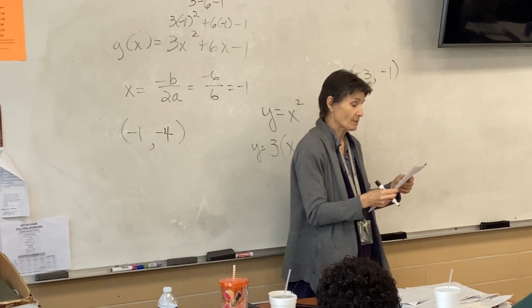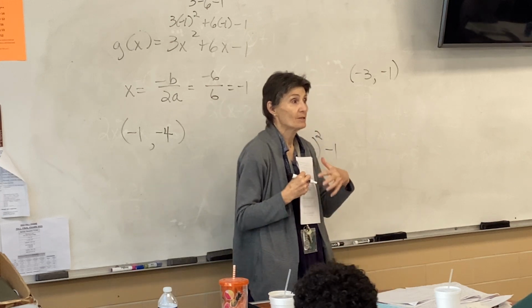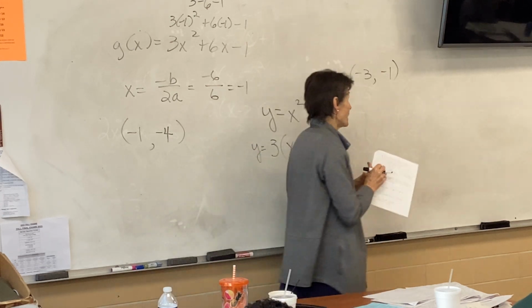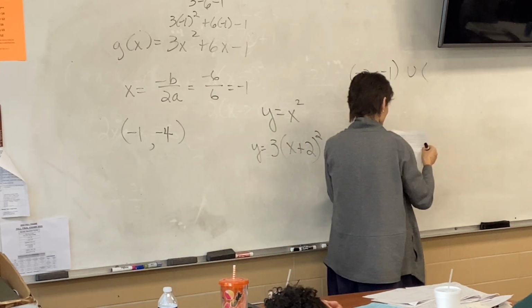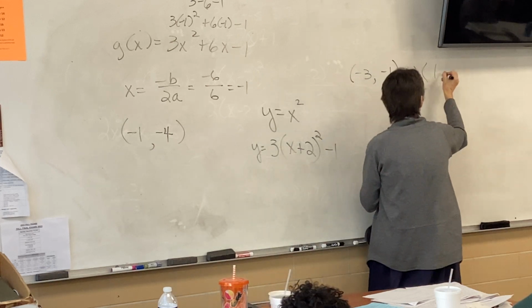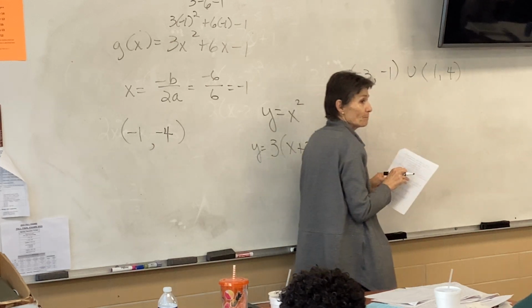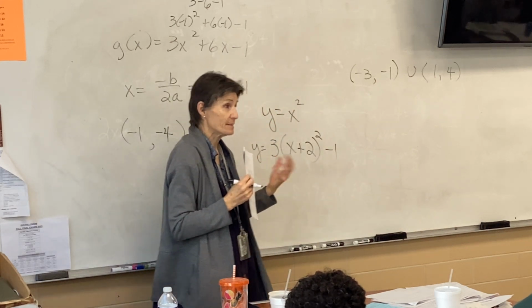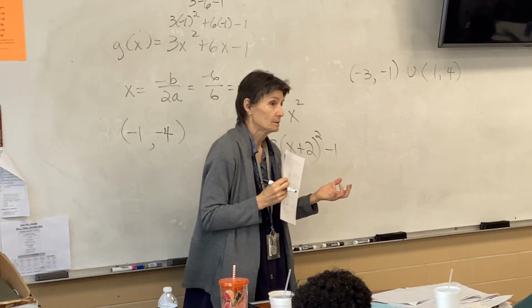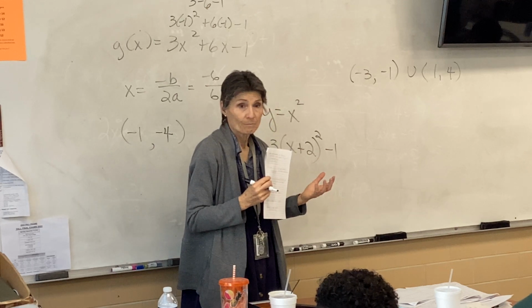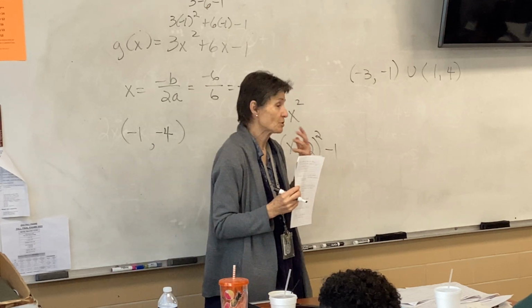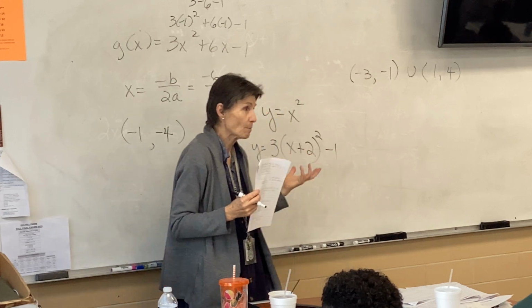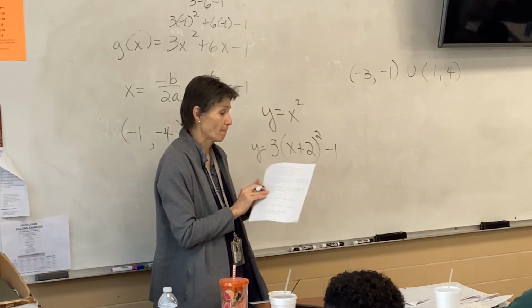Now, is there any other part of the graph that's going down? 1 to 4. Yes, there is, and it's the part, Matthew says, from 1 to 4. Would you agree with that? That's the part of the graph that is decreasing, going down. Increasing means going up. Do it the same way, but you look at the parts that are going up.